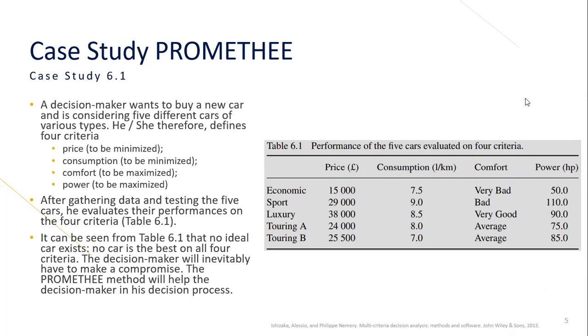Fortunately, the case study is pretty similar to what I already mentioned earlier. Here, we want to buy a car. The case study is the selection of a car, to have a decision maker select which car they prefer.